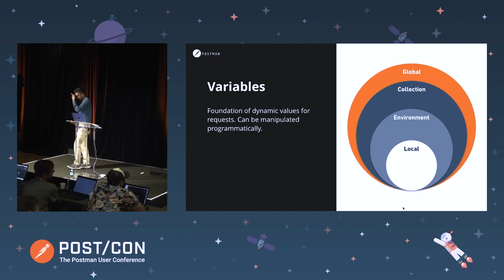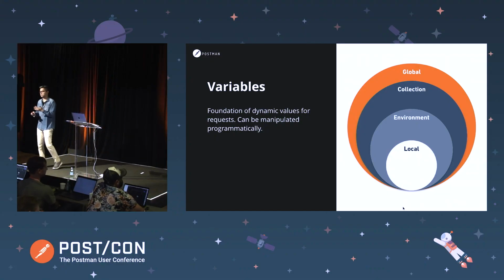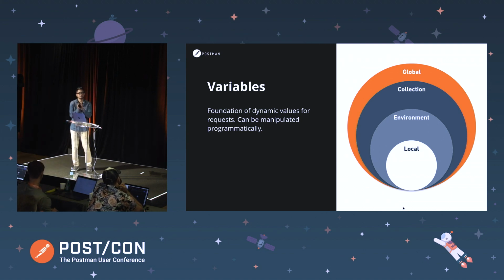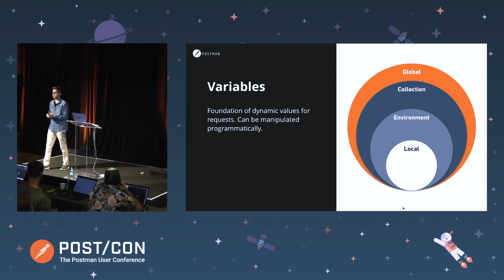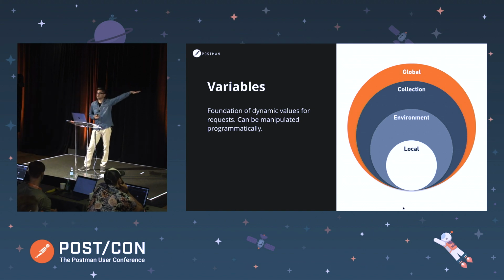And then Postman introduces this dynamic behavior through variables. And those variables are the double curly braces syntax that you use in Postman. And we have these multiple scopes of variables. I won't go too much in depth, but the most common ones that you see are the environment variables.